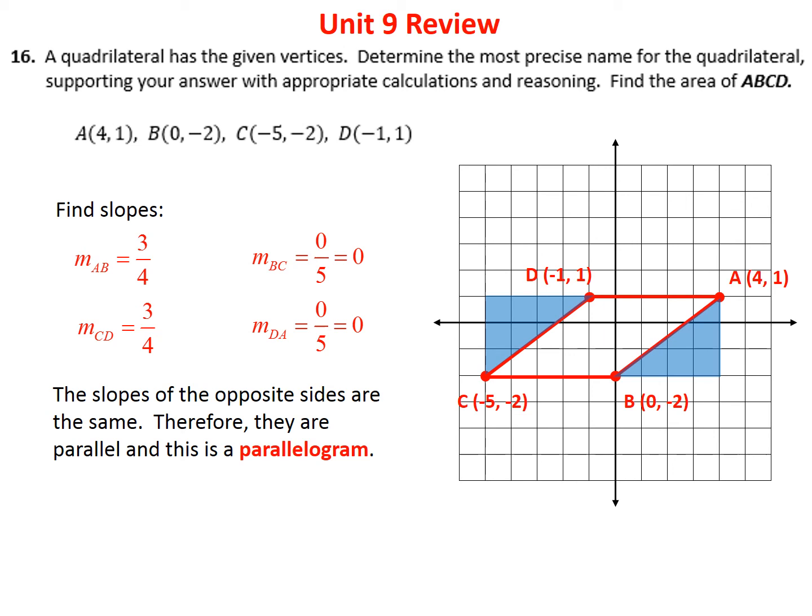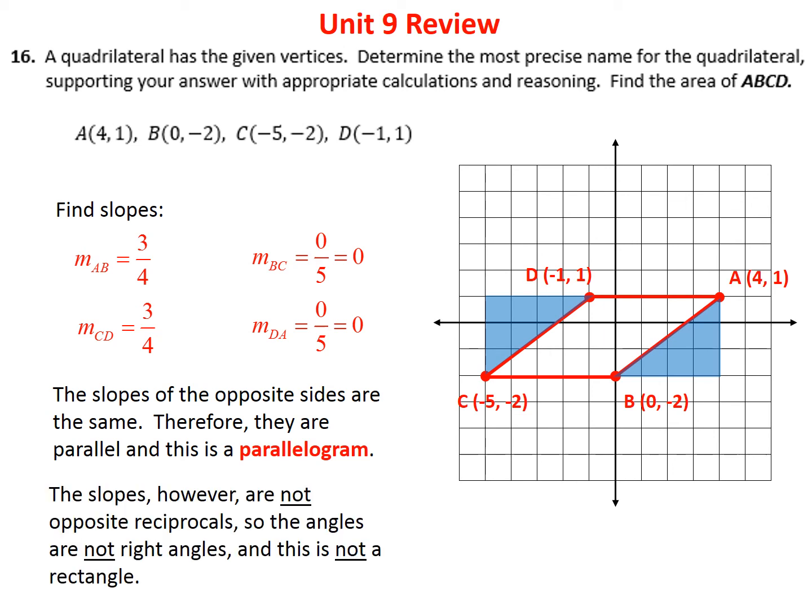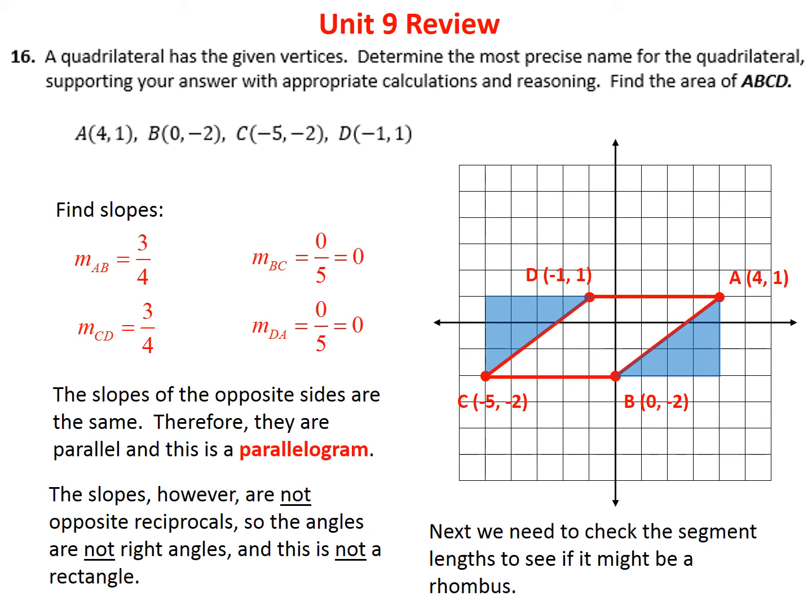But we need to check the side lengths just to make sure it's not a rhombus. One last thing: I noted here that if you multiply the two slopes together, 0 times 3 over 4, they're not opposite reciprocals, and when you multiply them, you don't get negative 1. So we recognize it's not a right angle, so this is not a rectangle.